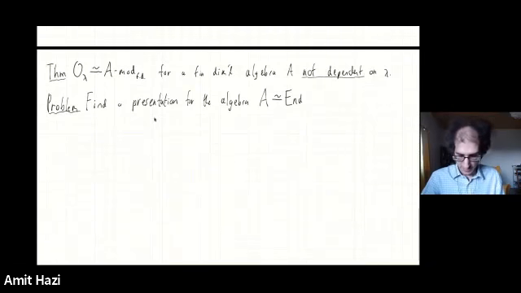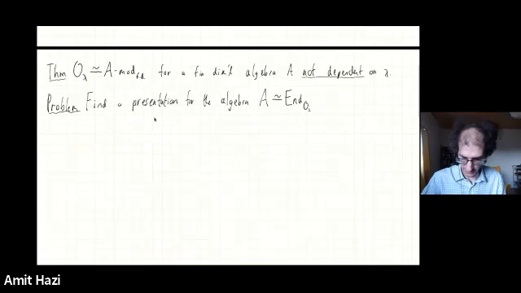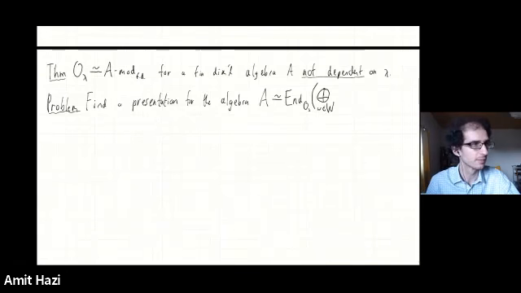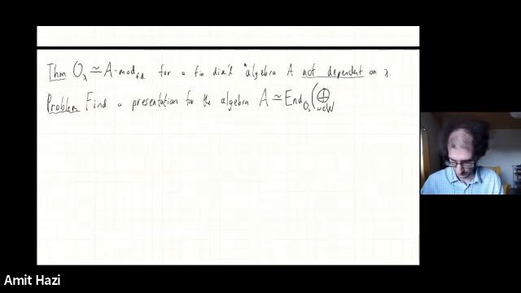So A is an endomorphism algebra inside this category O lambda of a big, huge direct sum over elements of the Weil group of the following projective covers.